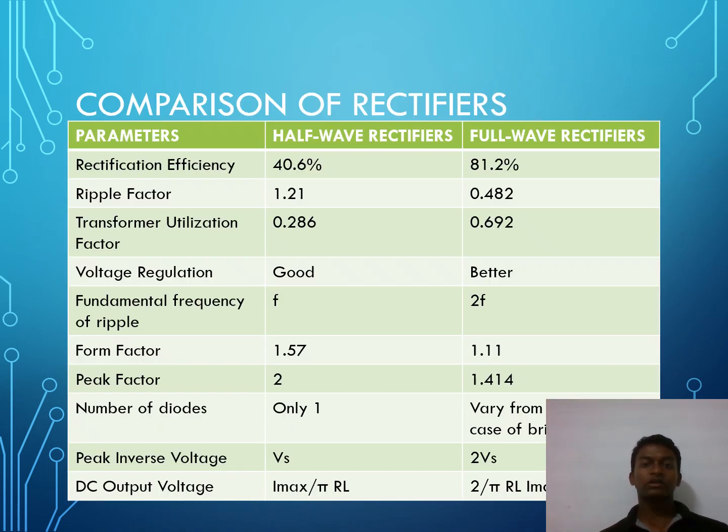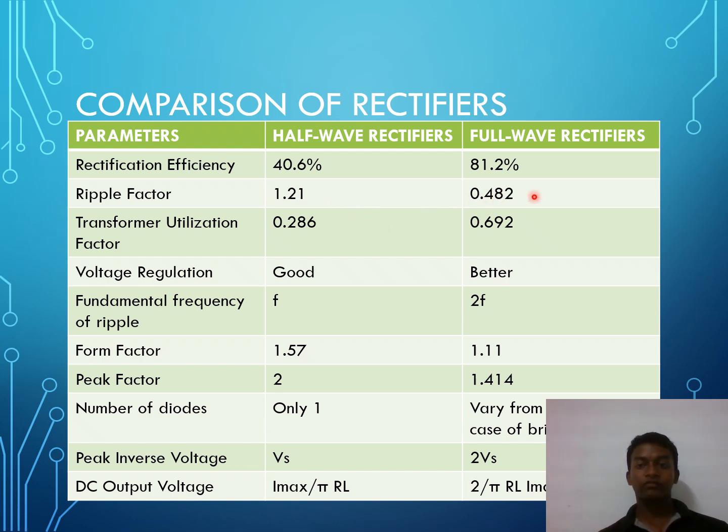The table compares half wave and full wave rectifiers. We can clearly see that half wave rectification is least efficient, while full wave methods give better DC output with less ripple. The ripple factor of full wave is 0.482, whereas the ripple factor of half wave rectifier is 1.21.